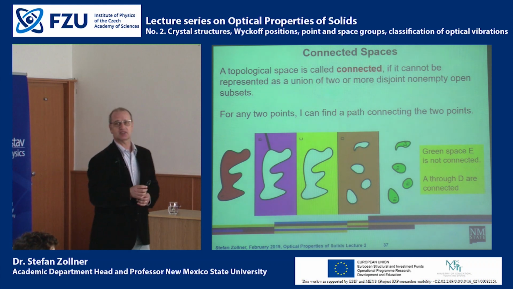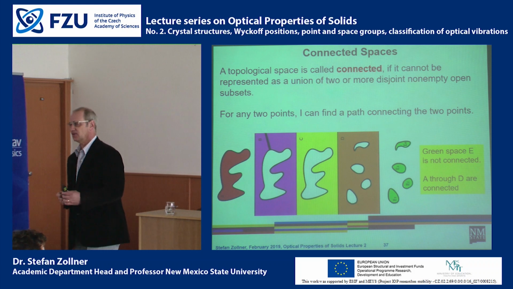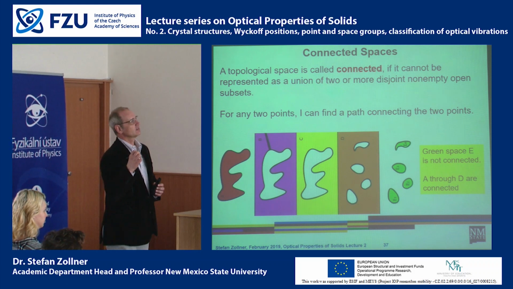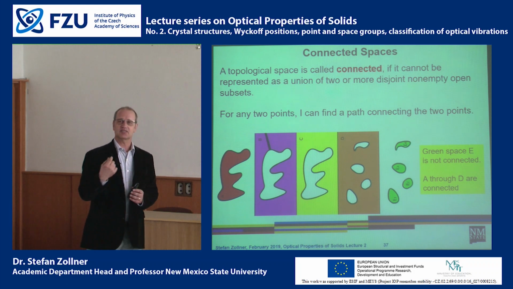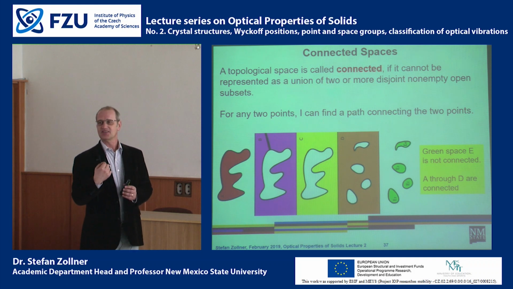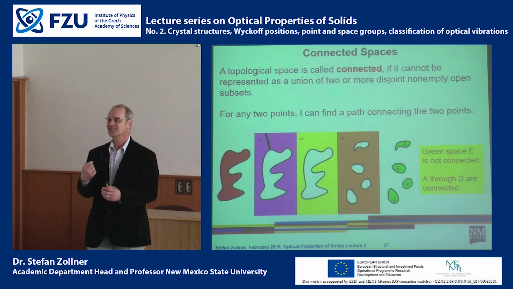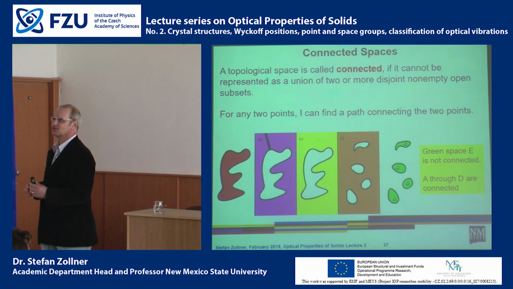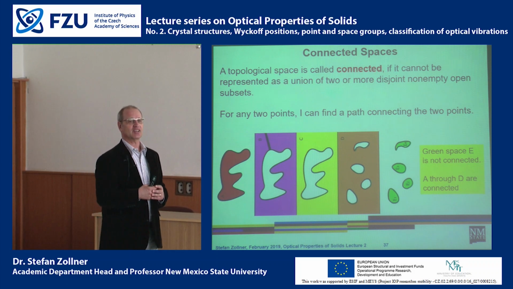Connected is also something that we can understand. This topological space consisting of the green blobs is obviously not connected. If you take out your phone and you type in directions to Las Cruces, New Mexico, your phone will tell you that it didn't find any road to drive to New Mexico because Europe and the Americas are not connected.